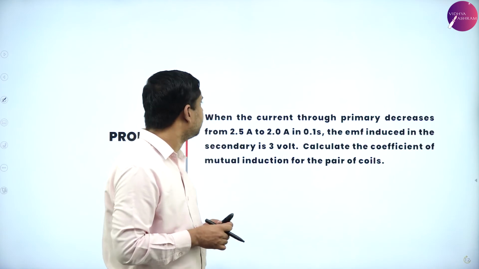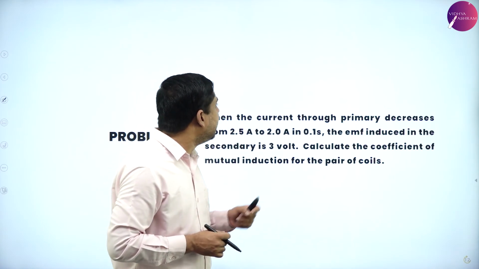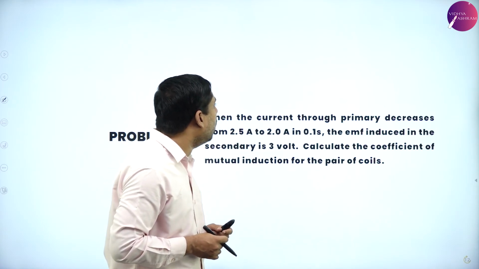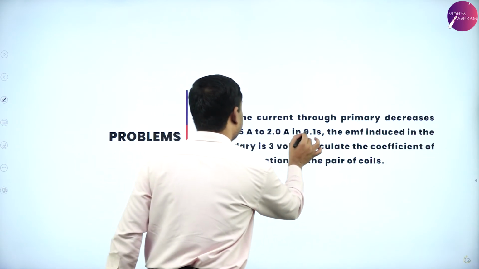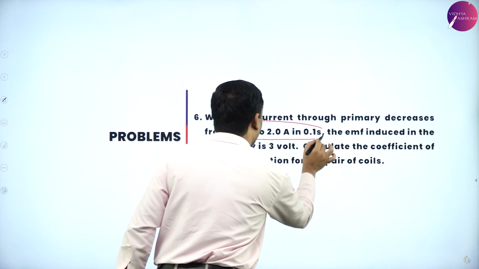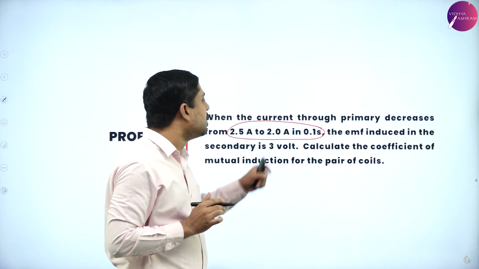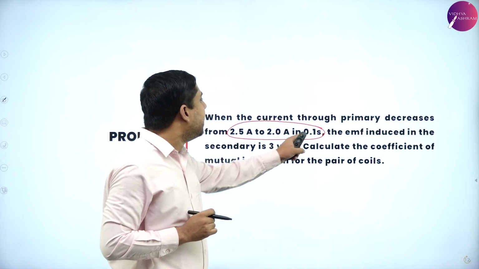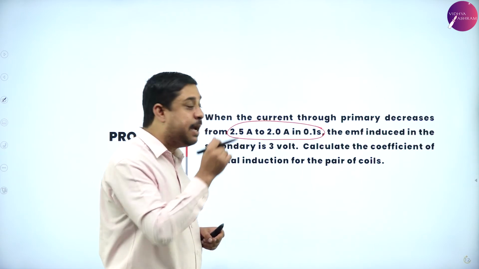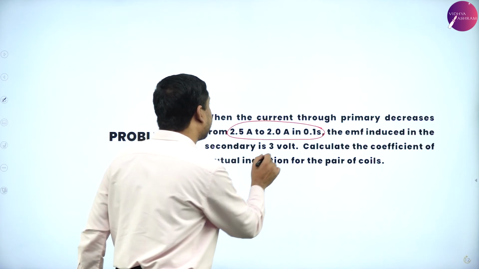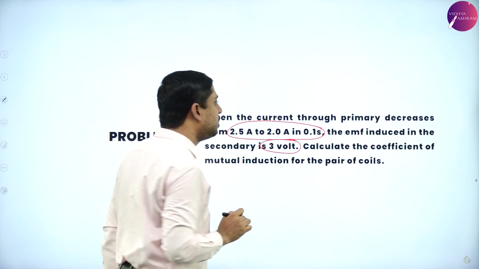Sixth one: when the current through primary decreases from 2.5 amps to 2 amps in 0.1 seconds, the EMF induced in the secondary is 3 volts.